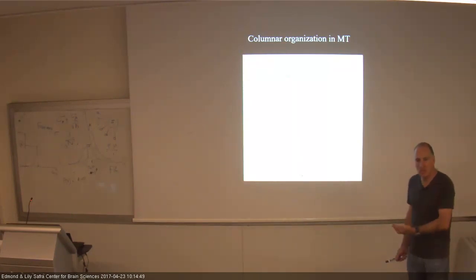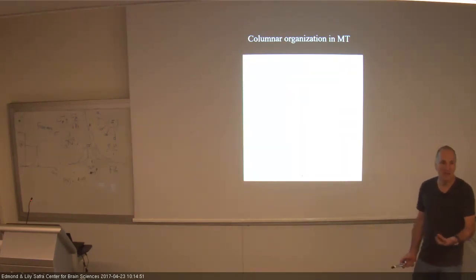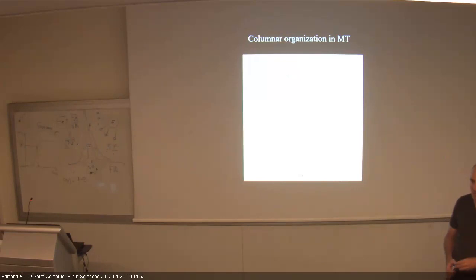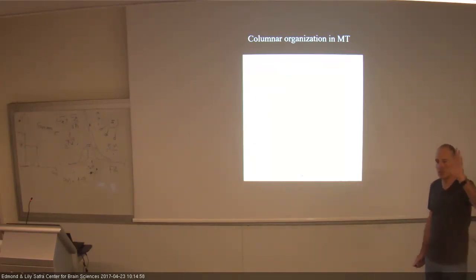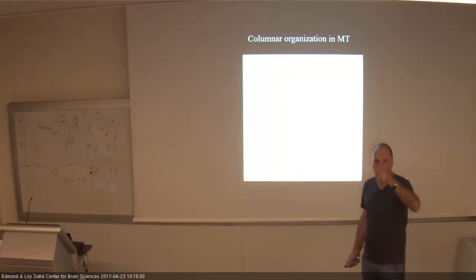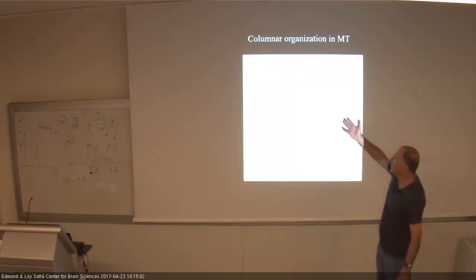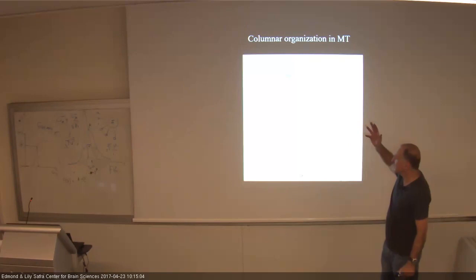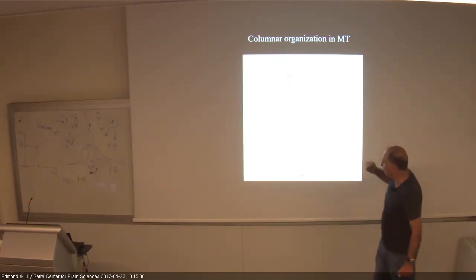As you know, in primary visual cortex, and I mentioned this very briefly, there are these orientation selective columns, where nearby neurons have the same preferred orientation. Well, if you go to MT, you see that nearby neurons have similar preferred motion direction.